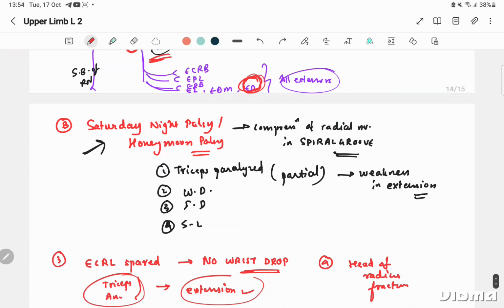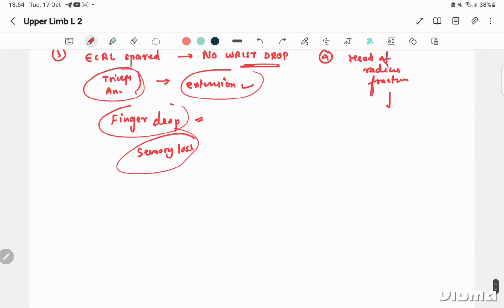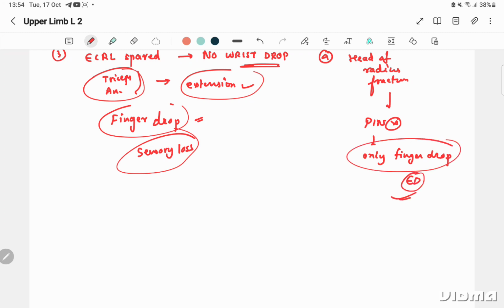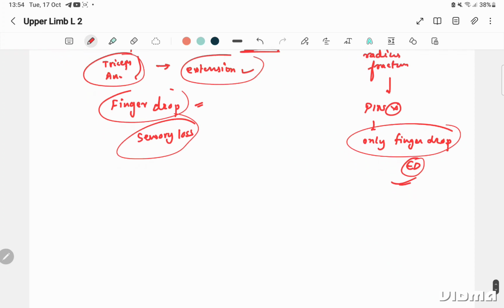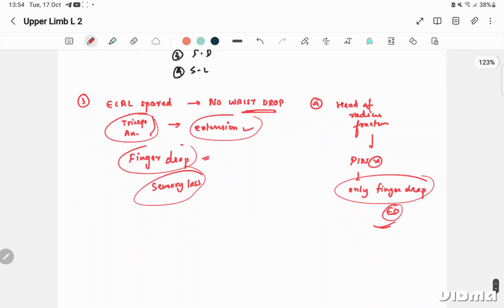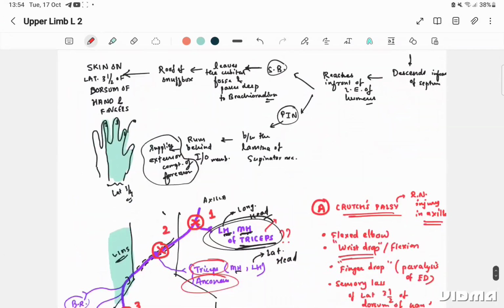Due to the fracture, only finger drop will occur, because all else is spared and only PIN is affected. Why finger drop only? Because of involvement of extensor digitorum. The superficial branch is spared, so sensory loss would not occur. So you have to just remember the features of all these injuries.